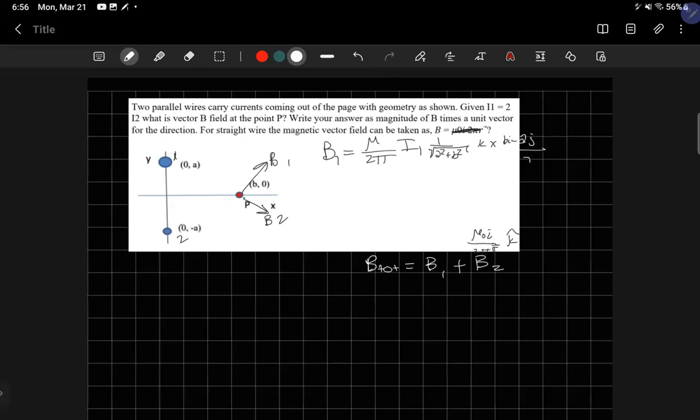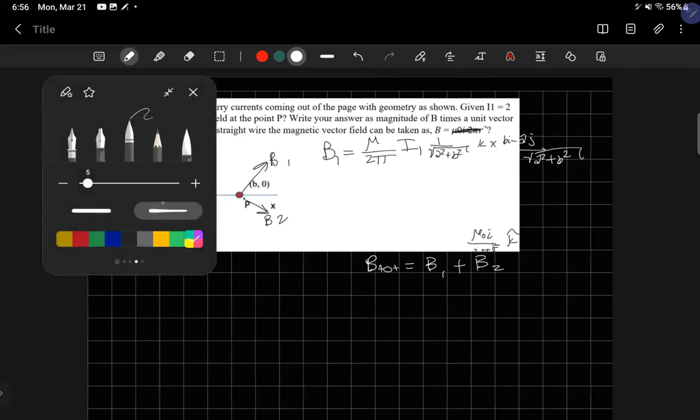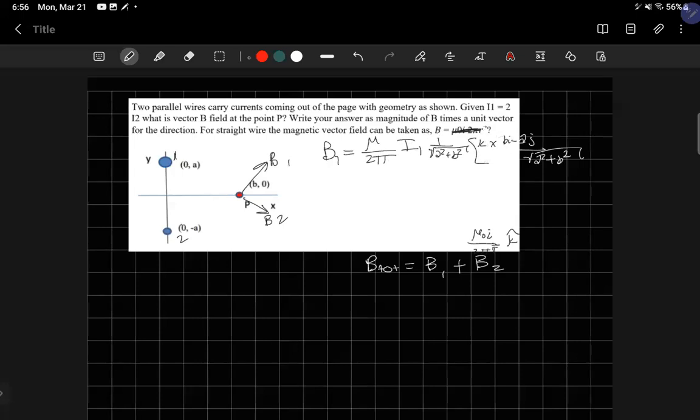Fine. Okay, so vector 1. B is in the k hat direction.